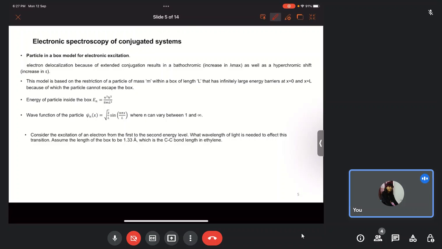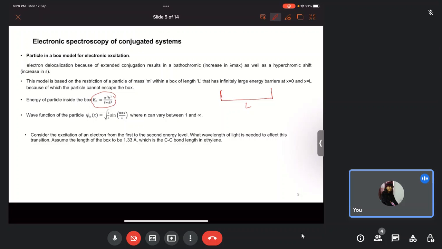So if you have a particular mass which is being localized in a certain length, we can approximate it to a free particle in a 1D box, and the energy of the particle inside the box is given by n square h square by 8 m L square, and this part has been covered extensively in the lecture.